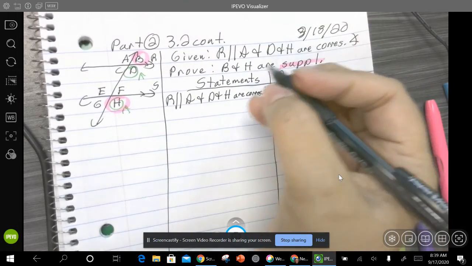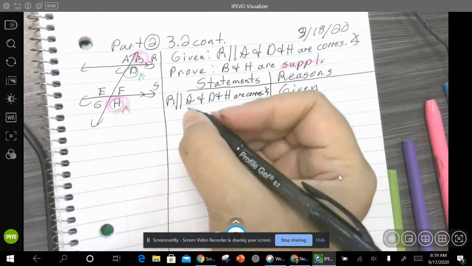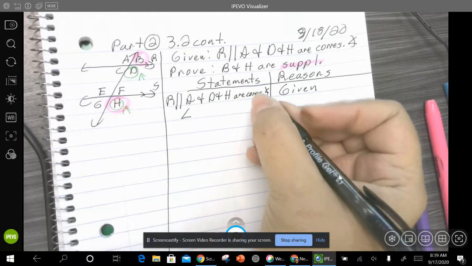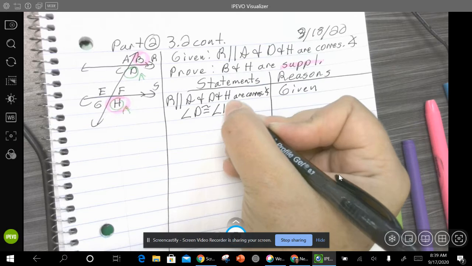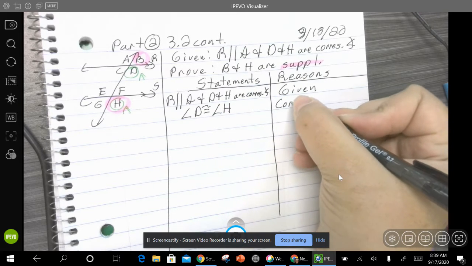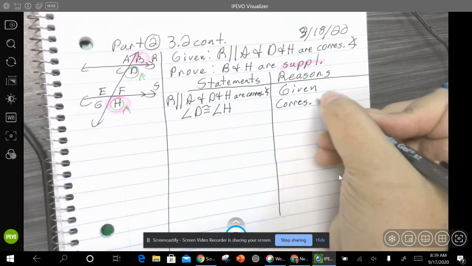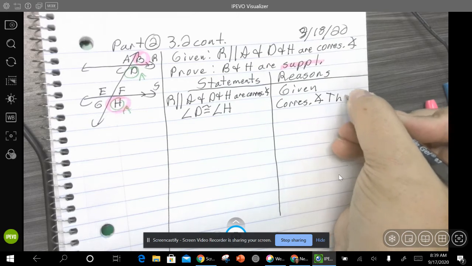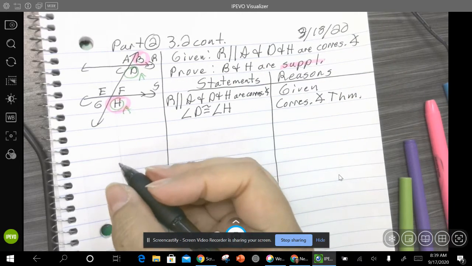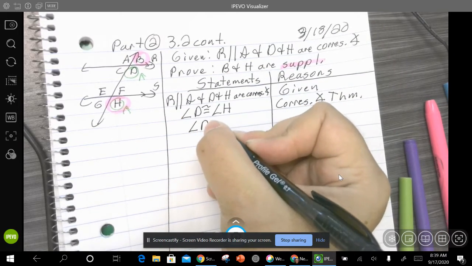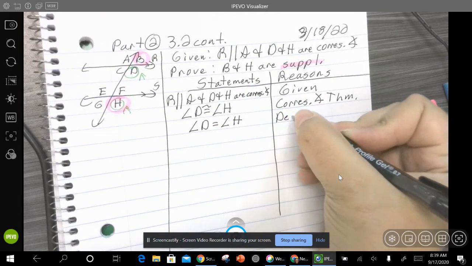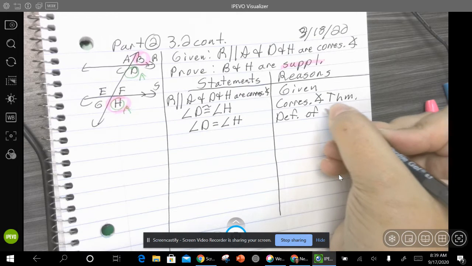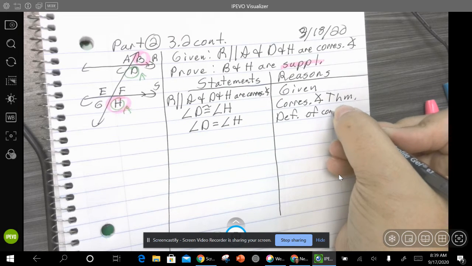And we need to prove that D and H, so since it says D and H are corresponding angles, that means that angle D is congruent to angle H, and we know that by our corresponding angle congruence theorem. Okay. Angle D is equal to angle H by our definition of congruence. So definition of congruent.